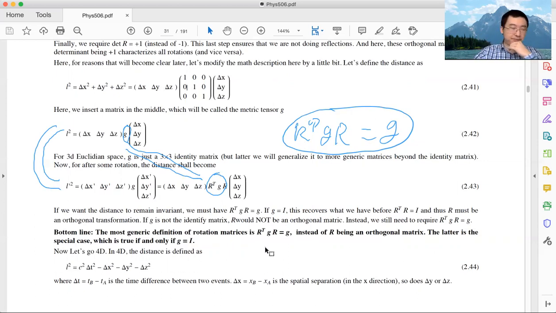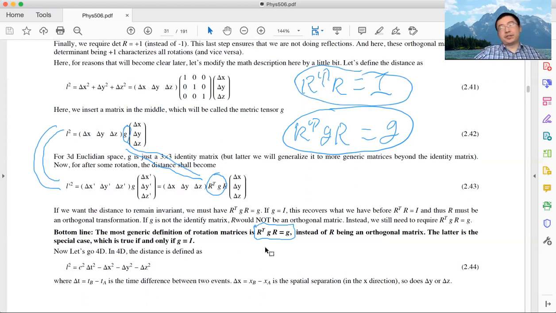Nevertheless, this is a constraint. As long as my rotational matrix does not change my metric tensor, distance is invariant. Of course, in 3D space, this metric tensor is just identity, so this condition simplifies into R transpose times R equals identity. That's the condition of an orthogonal matrix as we defined before.